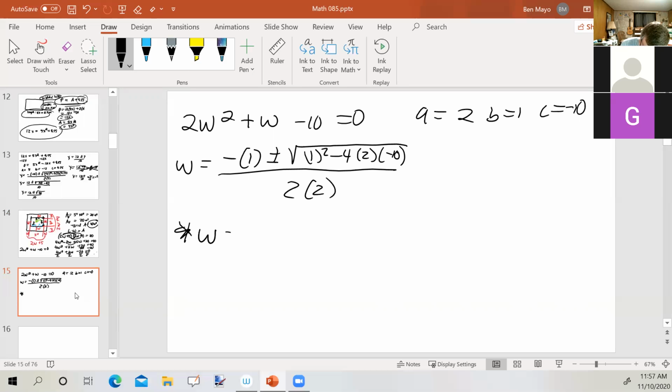Oops. W equals negative 1 plus or minus the square root of 1 plus 80. Is that right? I'm surprised because that's a nice number.